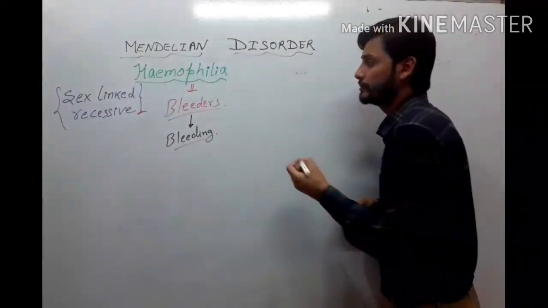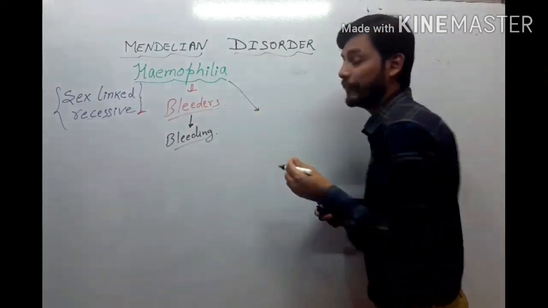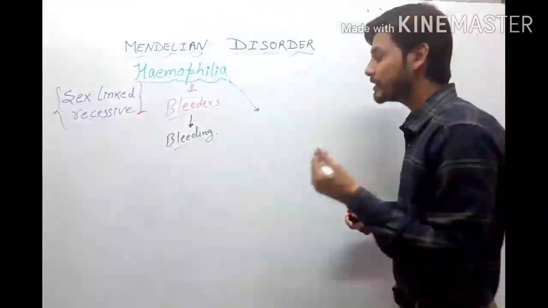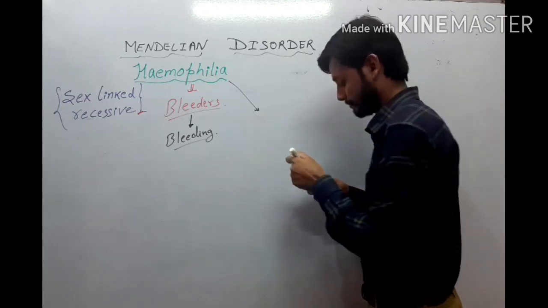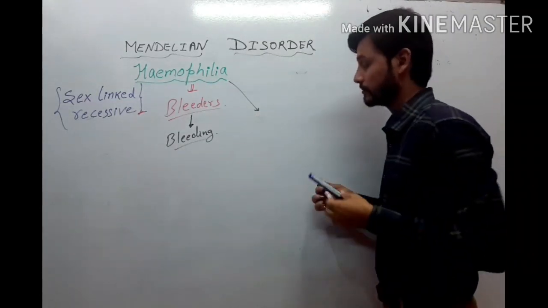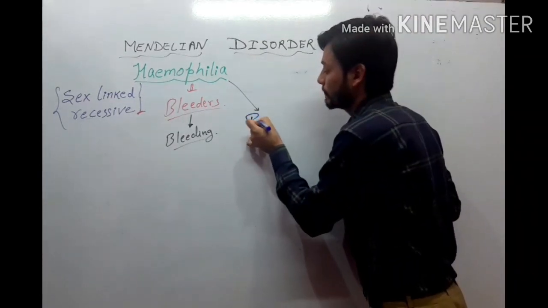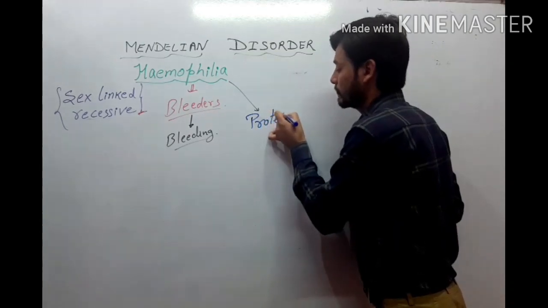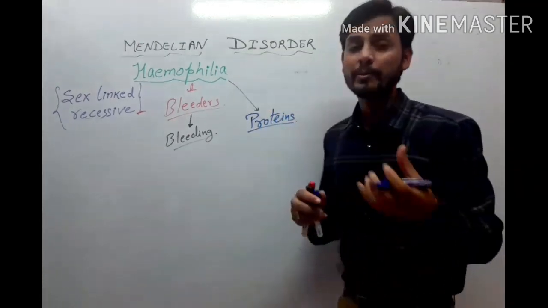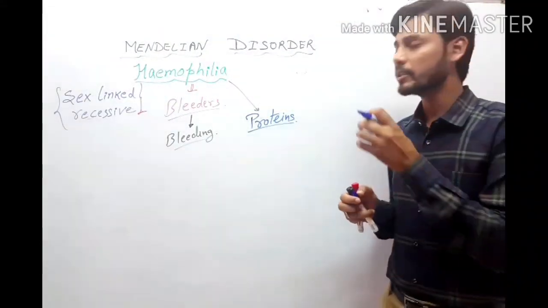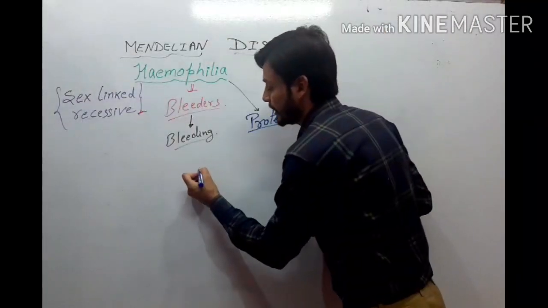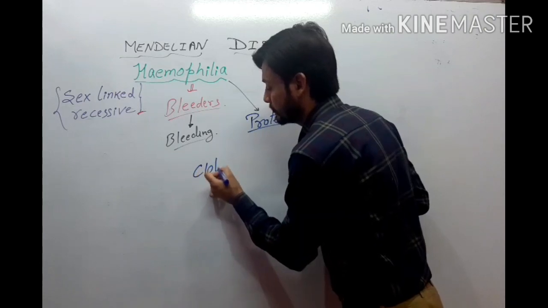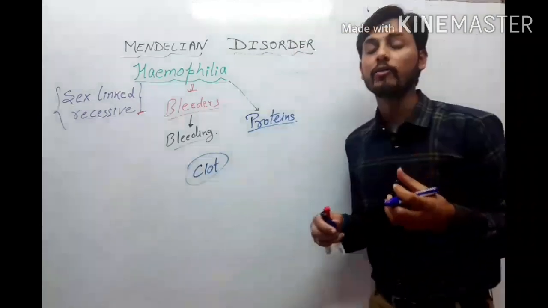How is it caused? It is caused because of disorders of some proteins. There are so many proteins, and some of them are responsible for the clotting of blood.